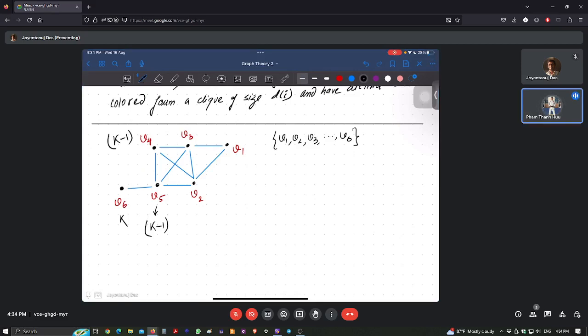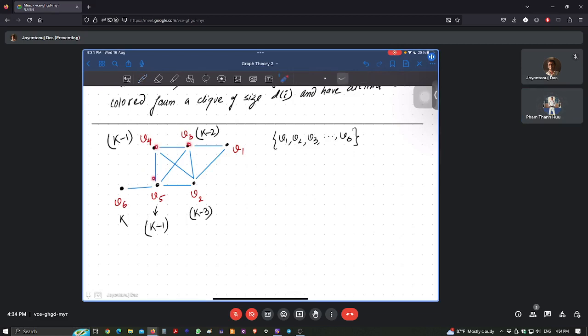V3, k minus two. Then k minus three. This becomes k minus 3 because the number of adjacent vertices is 1, 2, 3. It has to be different from those, so it is k minus 3, right? Then v1 is k minus two.